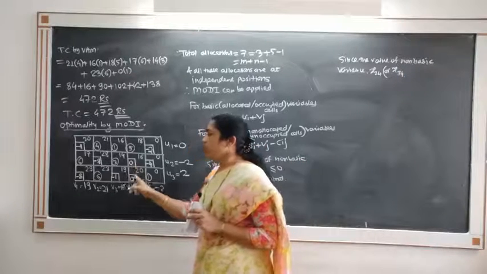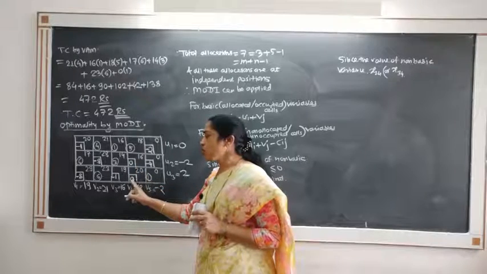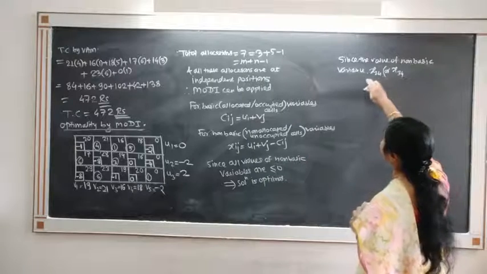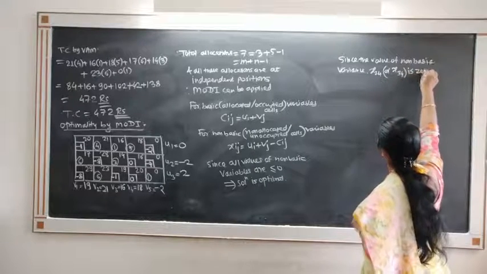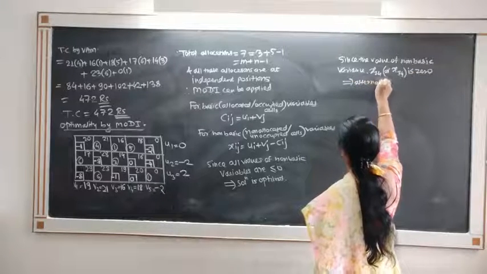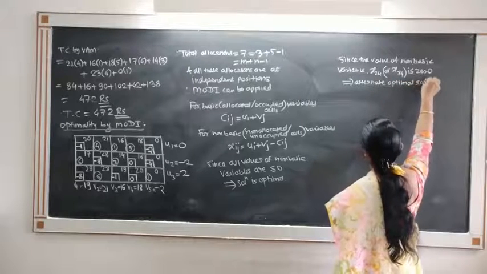Both these variables, x24 is also 0 and x34 is also 0. So the value of non-basic variable x24 or x34 is 0, which implies that an alternate optimal solution exists.